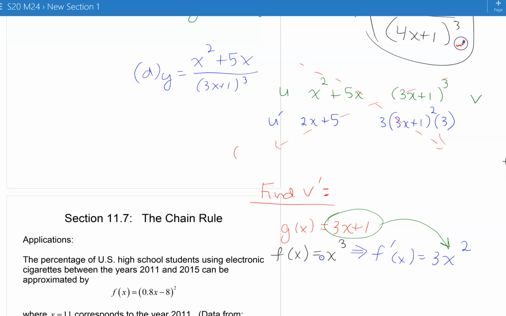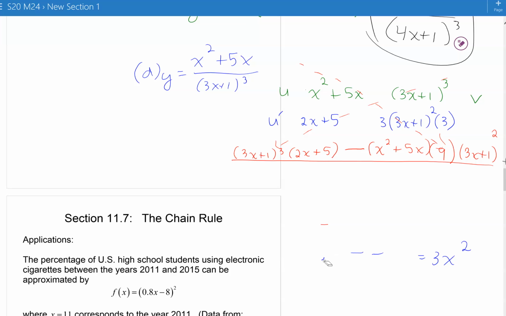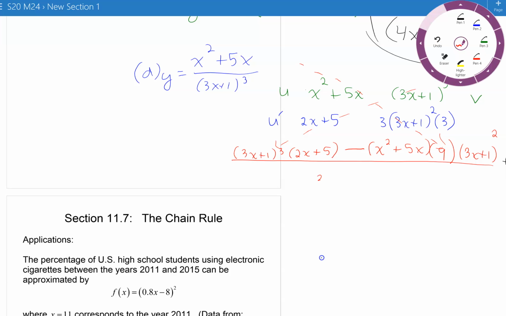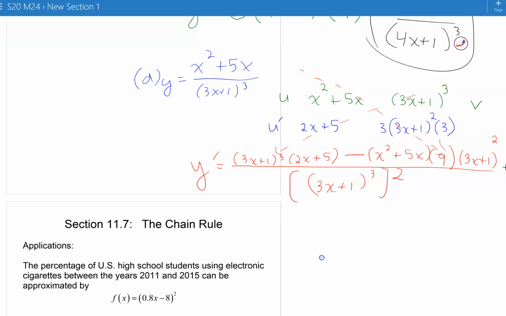So I'm going to have 3x plus 1 cubed times 2x plus 5 minus x squared plus 5x times 9 times 3x plus 1 squared, all over the denominator of 3x plus 1 cubed squared.